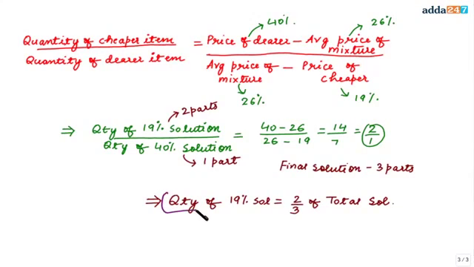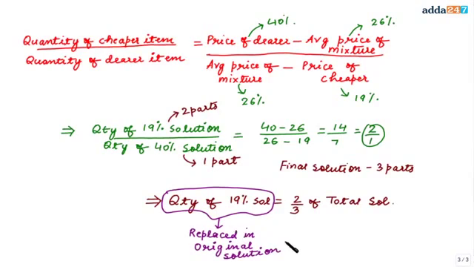And this is the quantity which was replaced in the original solution. So this gives us our answer. 2 by 3 of original solution was replaced.